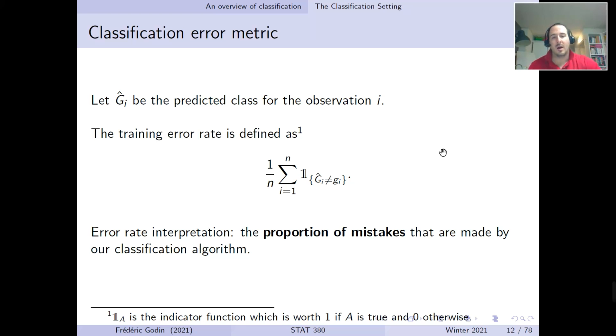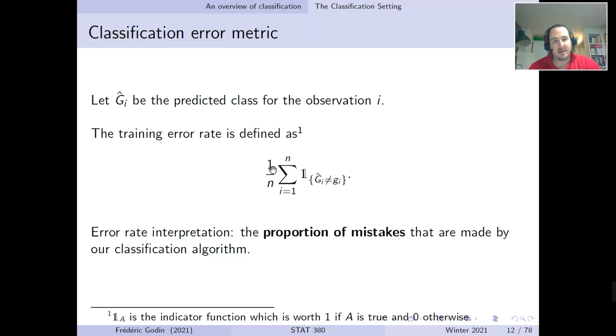Okay, so first we're gonna discuss the in-sample error rate. Let's say we have our training data, and G_i hat is the prediction you make for the response of your ith observation. Then the training error rate is defined as follows.